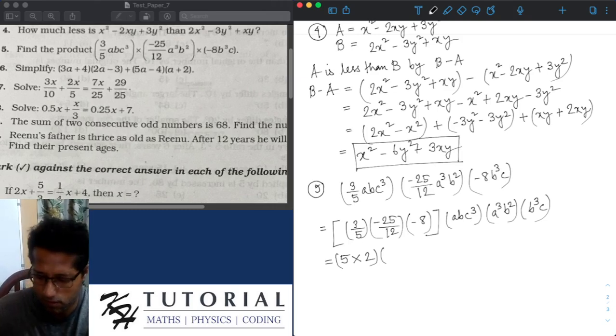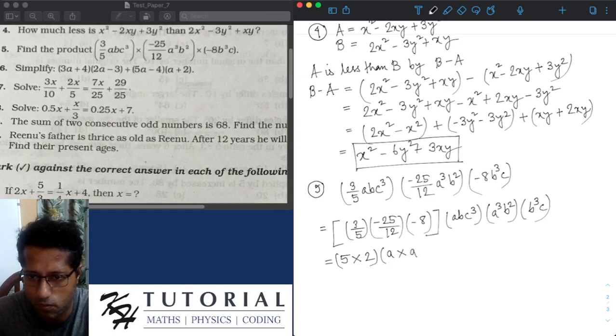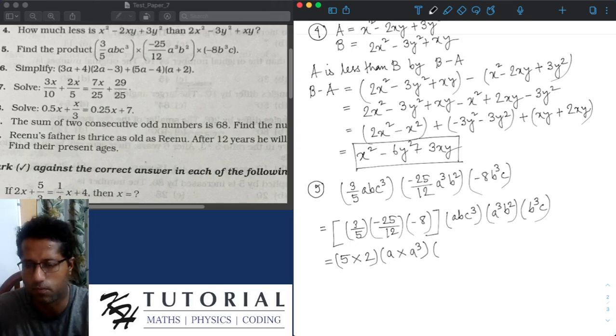So we have, from the first literal coefficient we have a, from the second literal coefficient we have a cube, and from the third literal coefficient we do not have any a, so we have a into a cube. Then we group together the literal variable b.